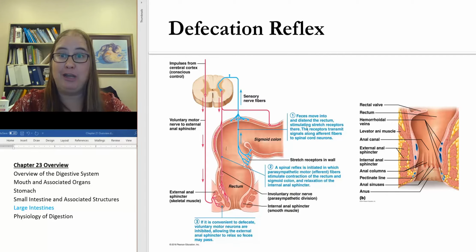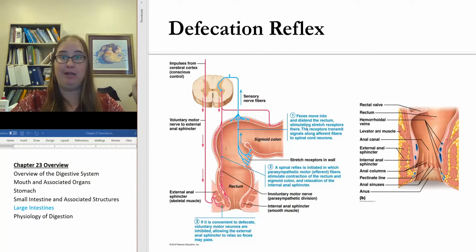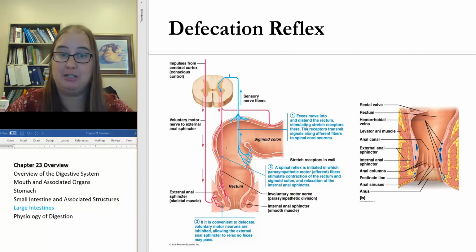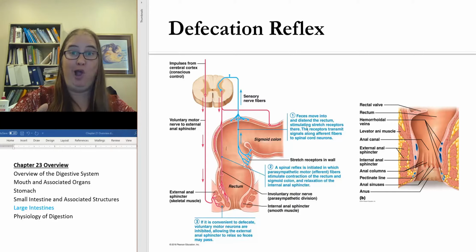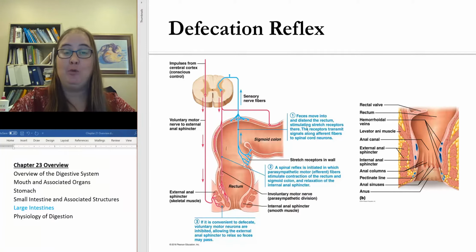Your internal anal sphincter is like, hey, I'm ready to let it loose, but you have that conscious control over the external anal sphincter. So when it's convenient, over the toilet, you hope, you basically decrease the impulses to this skeletal muscle, and when the external anal sphincter relaxes, defecation occurs.